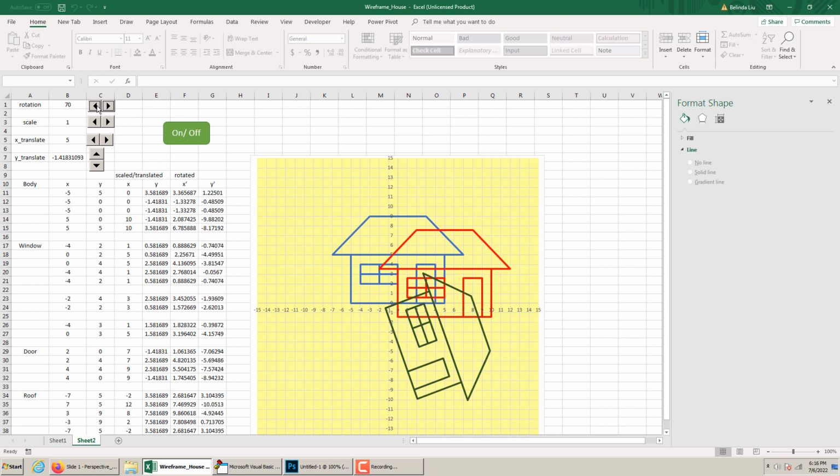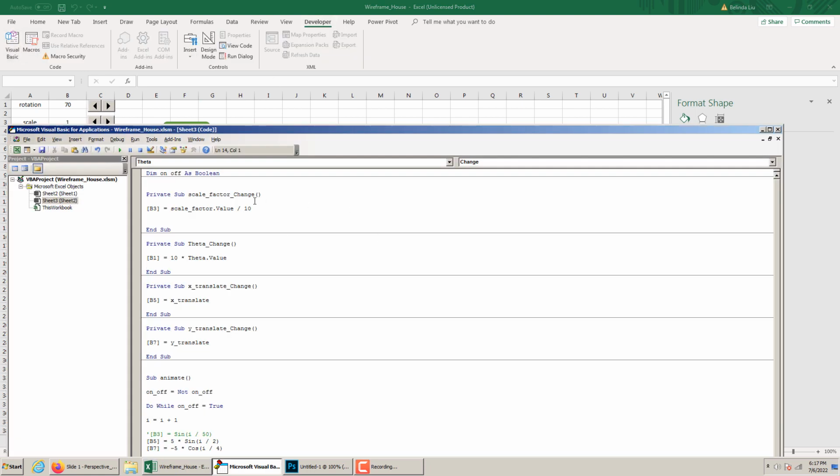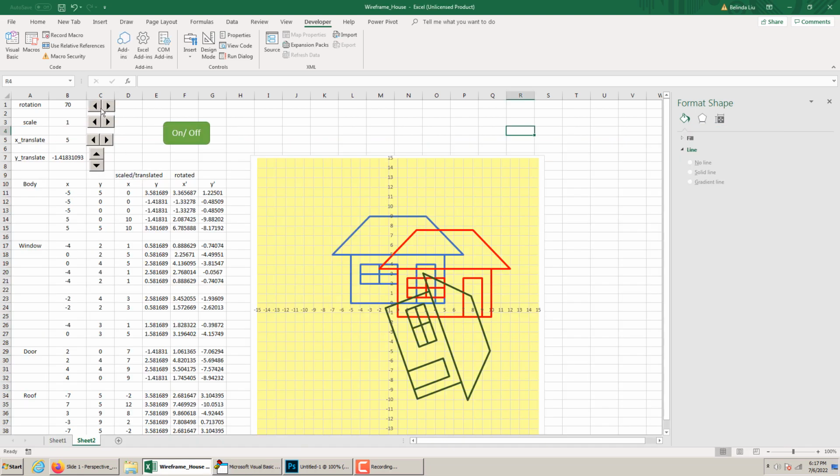In order to implement this rollover, I will first go to Developer, Visual Basic, and go into design mode, properties.